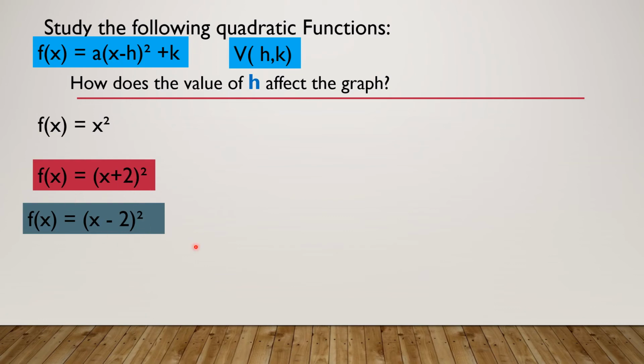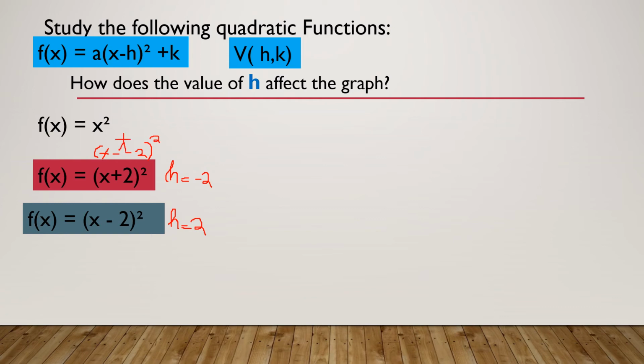So here, dito sa first function natin, ang h natin dito ay negative 2. Dito naman, ang h natin dito ay positive 2. Why? Bakit naging negative 2 dyan? Because minus sa formula natin, so minus negative 2 squared. Kaya naging plus siya dyan.